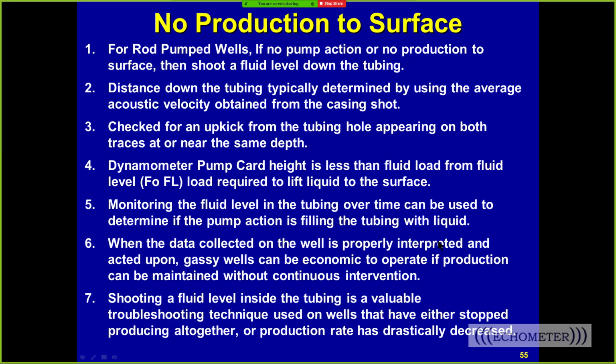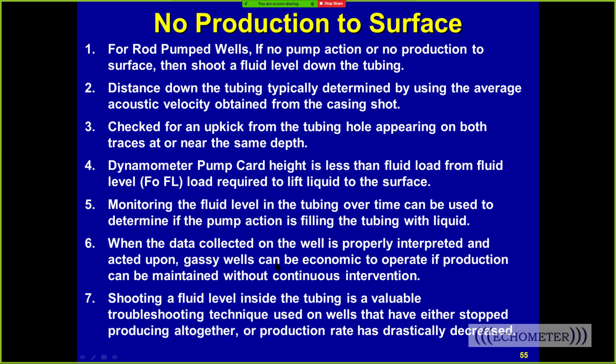This is a comment about back pressure valves. When you have poor gas separation or gas going up your tubing, and you don't have enough back pressure on your tubing to keep the gas under control and not flow the liquid out of the well, then it's going to cause you operational problems. And you can use your fluid level instrument to check that and confirm that the well has blown liquid out of the tubing and you need higher back pressure on your well.